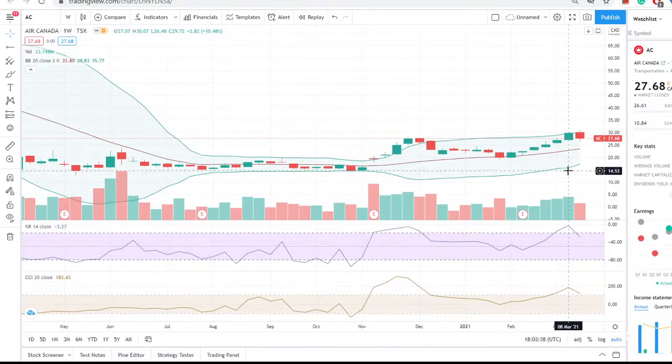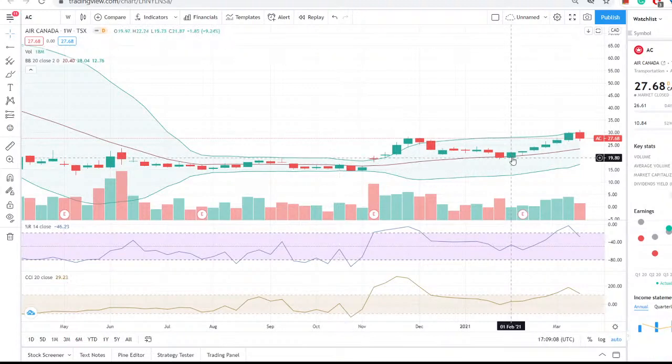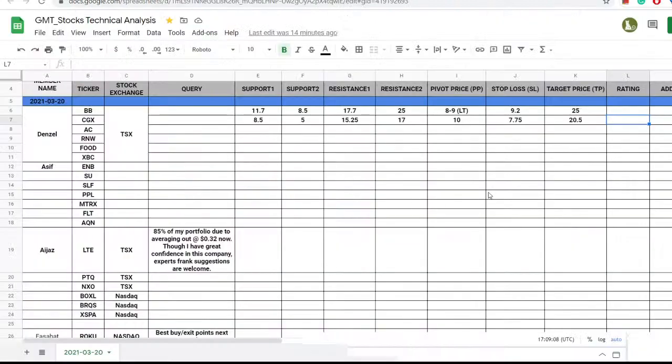If you're buying at 14.50 or 15, I will not put a stop loss at all. But you could buy at 20 also, or at 20.50, whatever you decide.